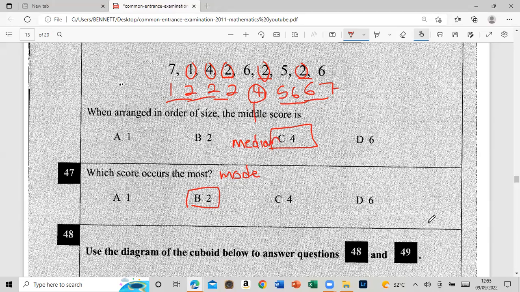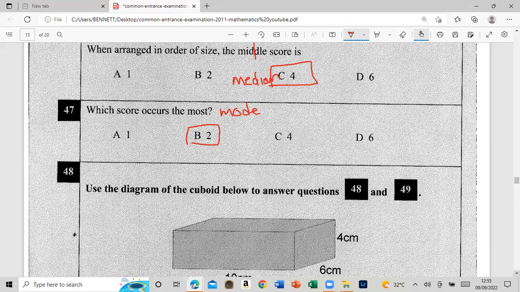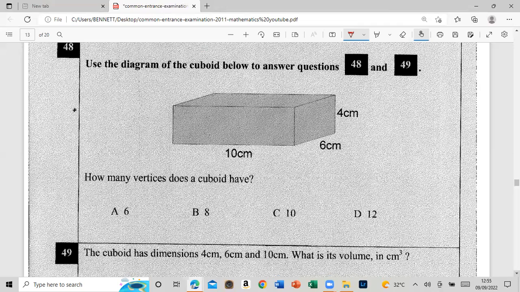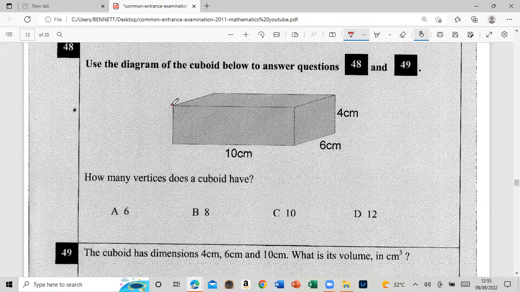Let's look at 48, 49 rather. Use the diagram of the cuboid below to answer the question 48 and 49. How many vertices does a cuboid have? The vertices is where the lines meet.